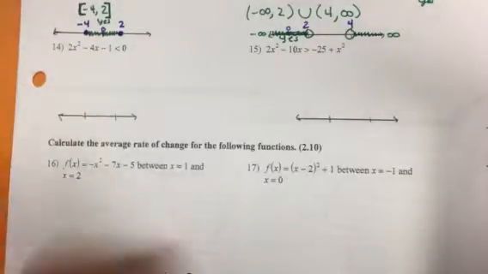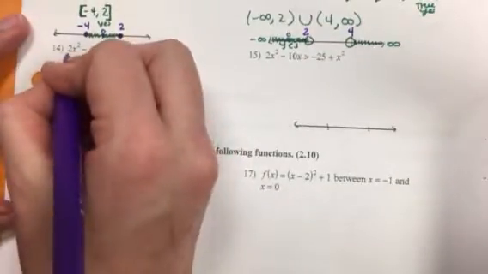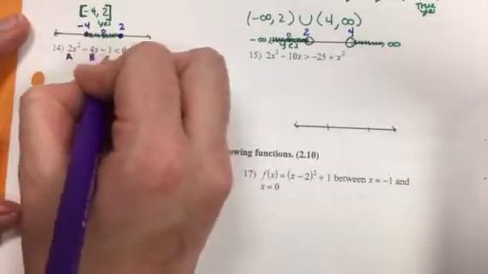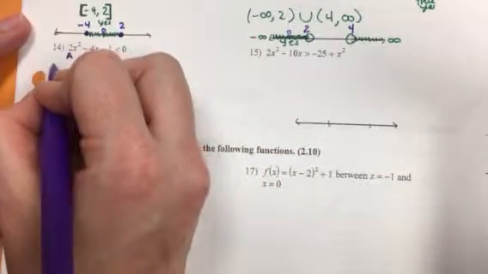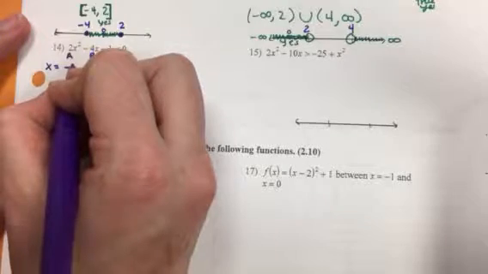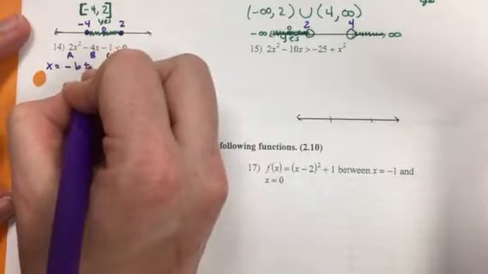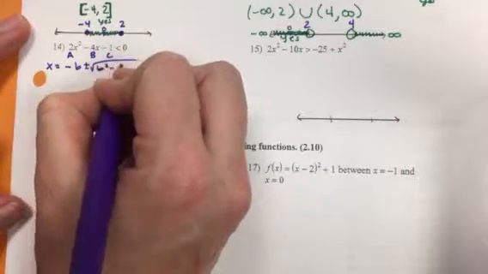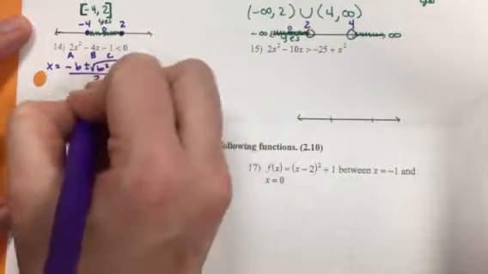14. I can't factor this one, so a, b, c. I'm going to use the quadratic formula. x is equal to negative b plus or minus the square root of b squared minus 4ac, all over 2a.